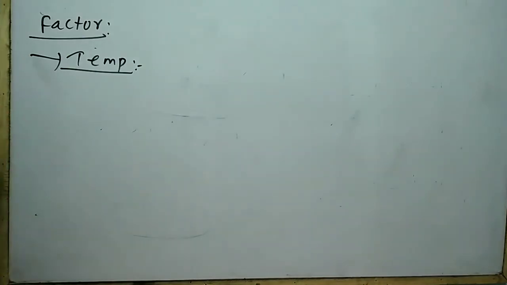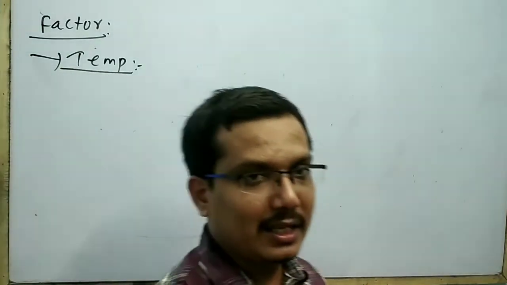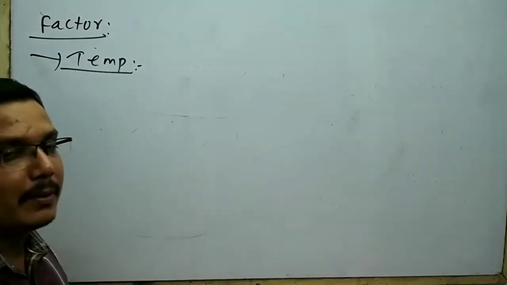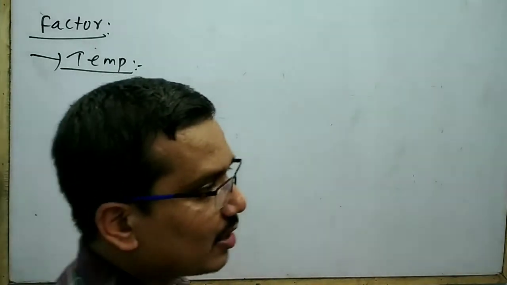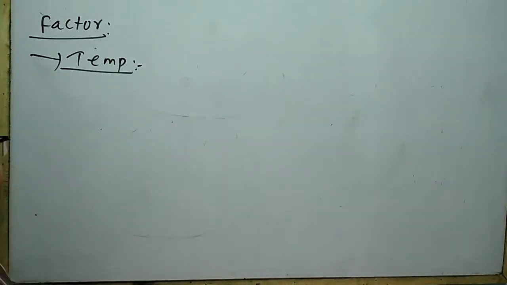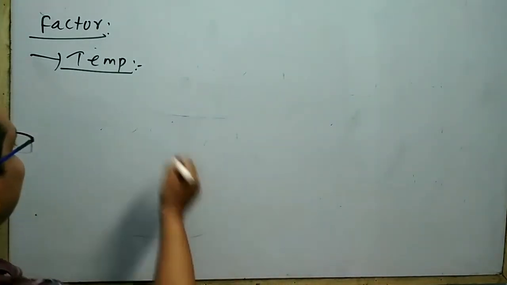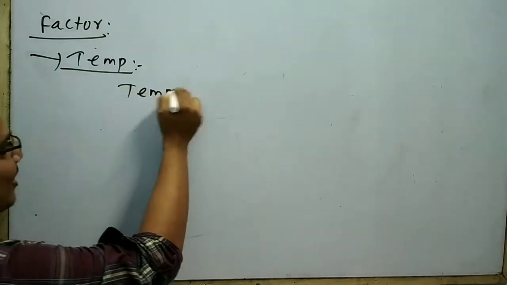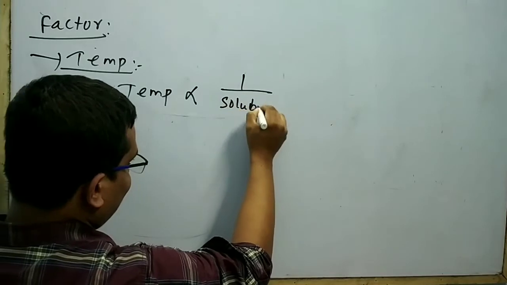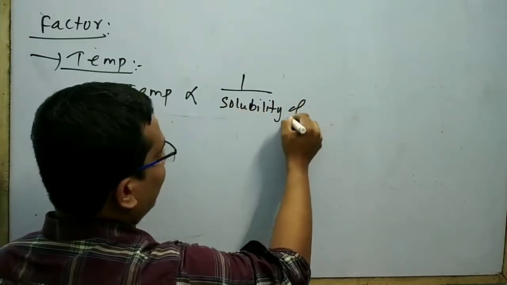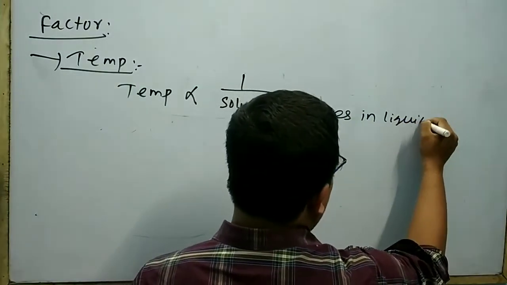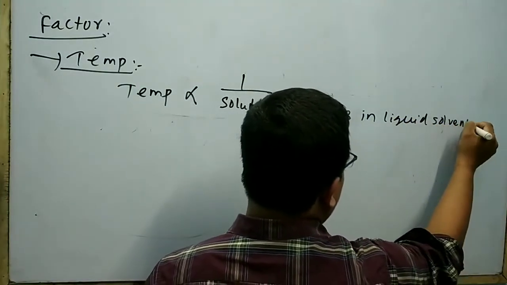That's why the solubility of the gases in a liquid solvent decreases. That means with an increase in temperature, the solubility of gases in a liquid solvent decreases. So I can write that temperature is inversely proportional to the solubility of gases in liquid solvent.